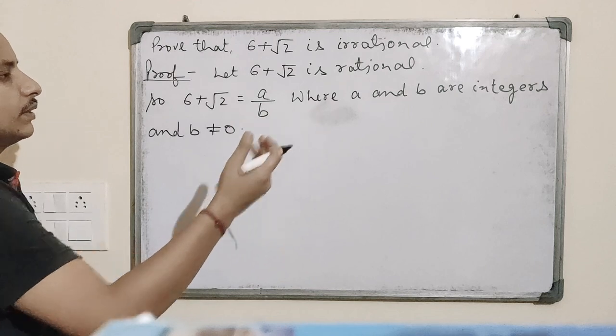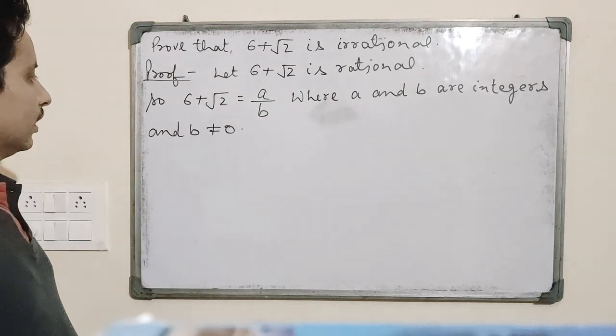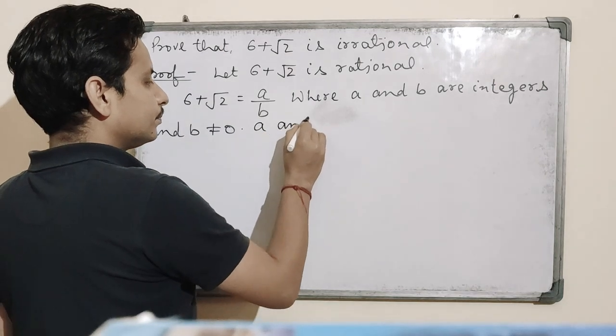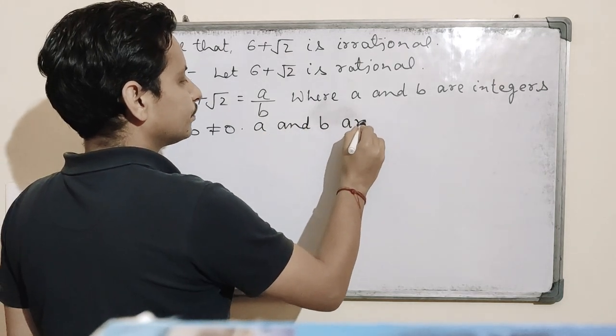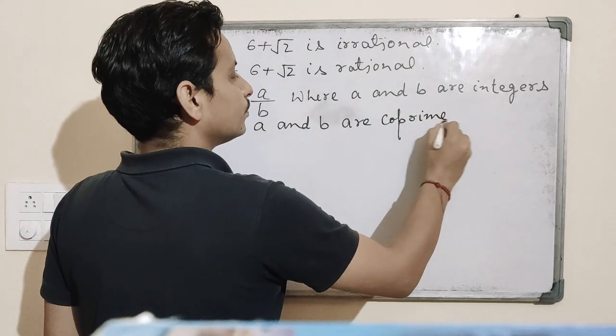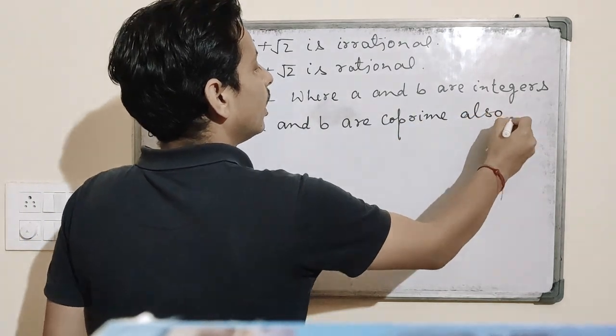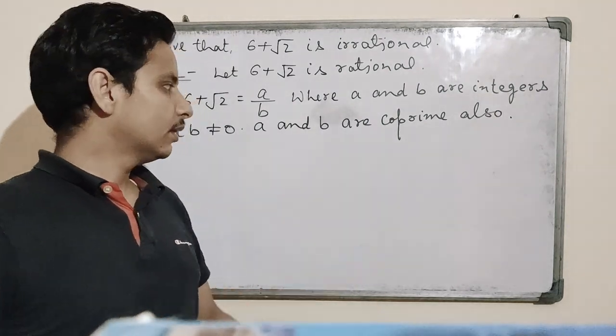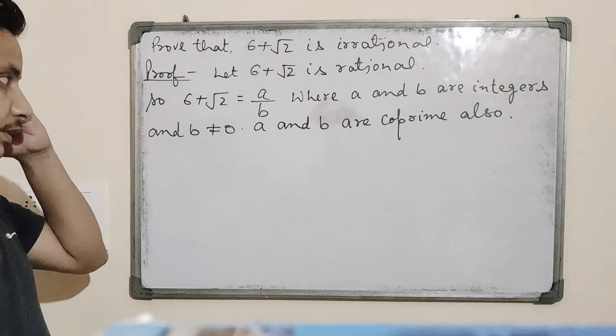Also, A and B are co-prime, which means A and B have a common factor that is 1 only, not other than 1.